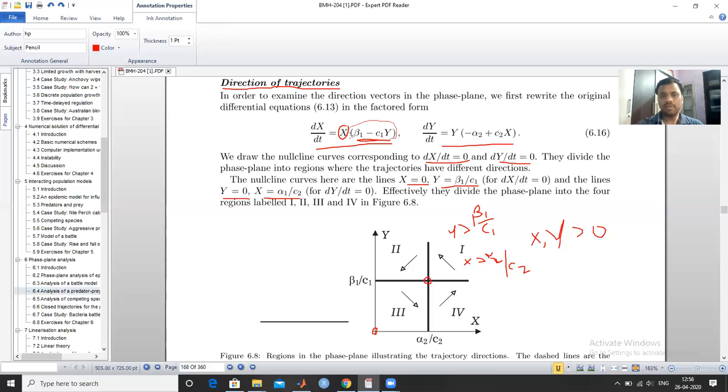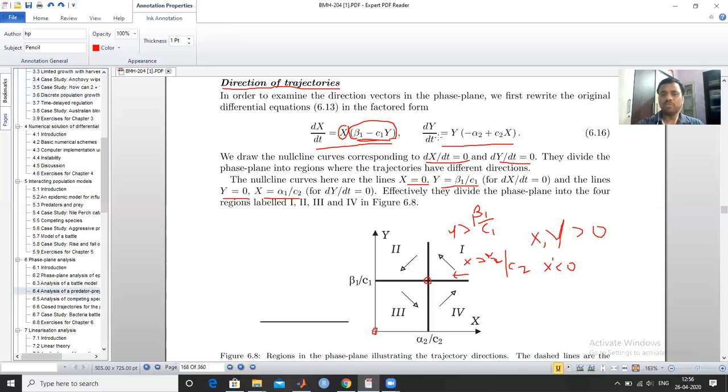You can verify. If y is greater than this one, then this quantity is negative and this quantity is positive. It means dx over dt will be negative. So x dash will be negative in the first region. If it is negative, what is the meaning? The direction of the arrow for dx over dt will be in this direction.